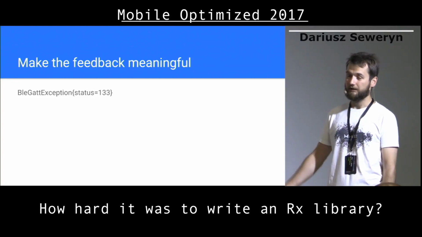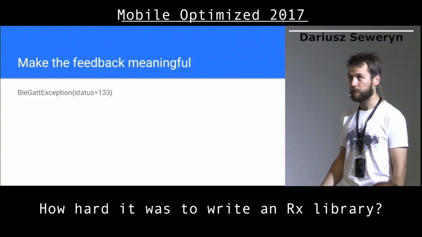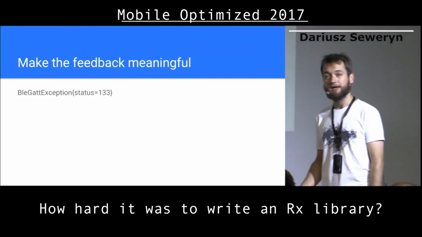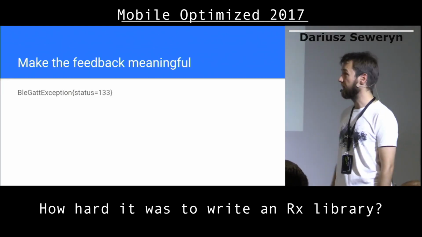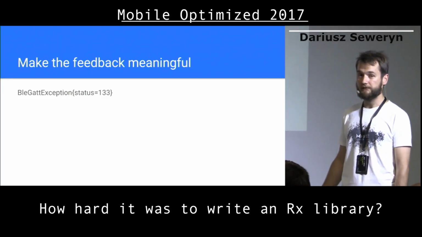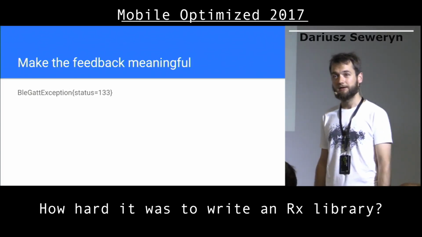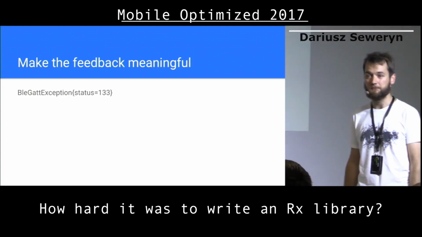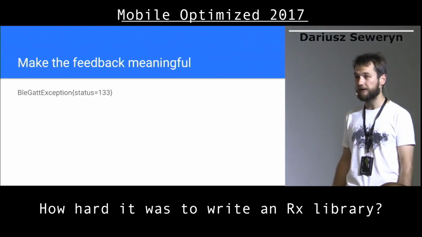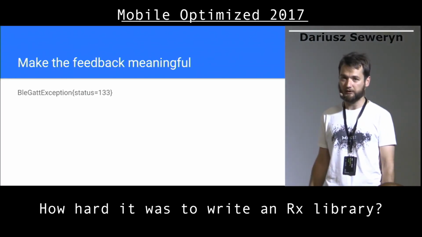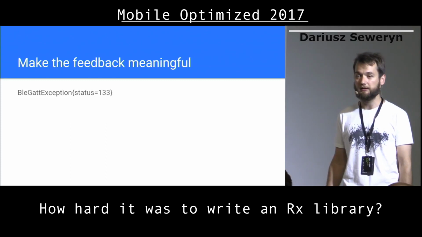When connecting to a device, a lot of different errors may happen. And one of them was the GATT error that just showed a particular integer value. And it was hard to find the reason because it was not documented in the Java API.